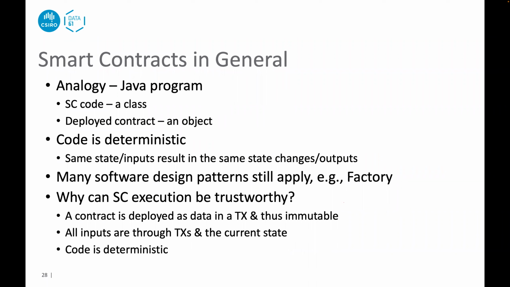So why is smart contract execution trustworthy? Because Bitcoin solves this double spending problem. So like that, once you deploy a smart contract as a transaction, it is immutable. And given a certain input, you know exactly what would be the corresponding output. So you execute these transactions to get different things done.